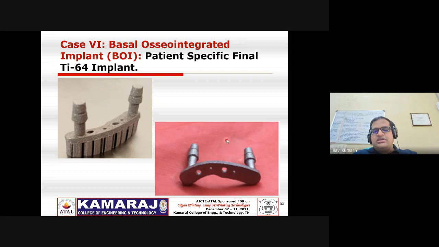You need certain FDA approvals. Autoclave is the method to sterilize this implant.